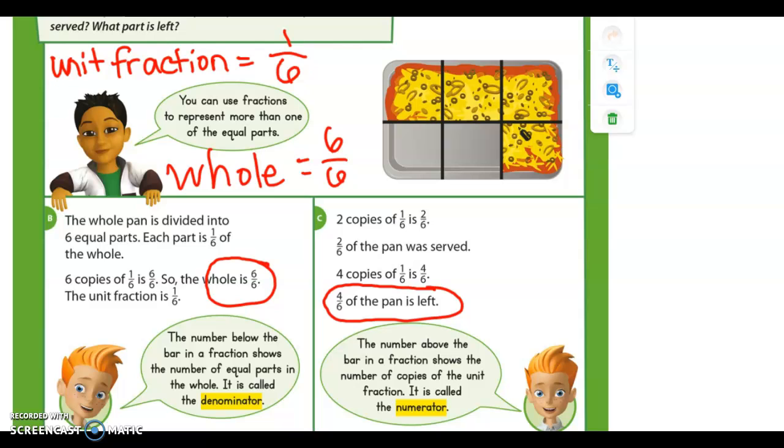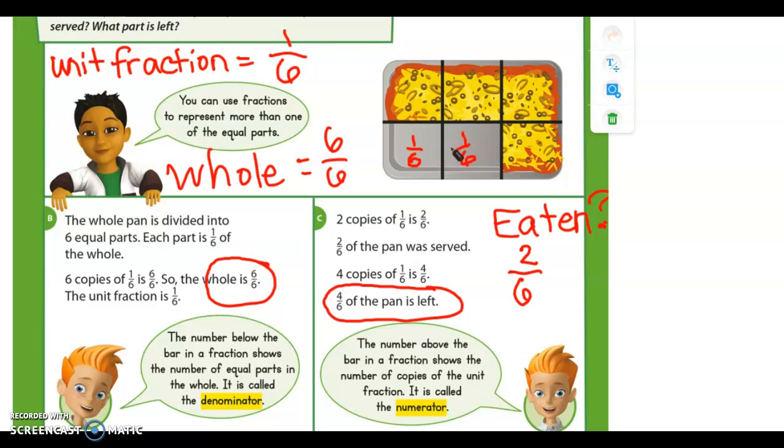What if I asked how much got eaten? What fraction was eaten? Well, if it was eaten, that means it's gone now. And I can see that there are 2 parts that are gone. And remember, this part was equal to 1/6, and this part was equal to 1/6. So if I ask what got eaten, 1/6, 2/6. So what fraction was eaten?